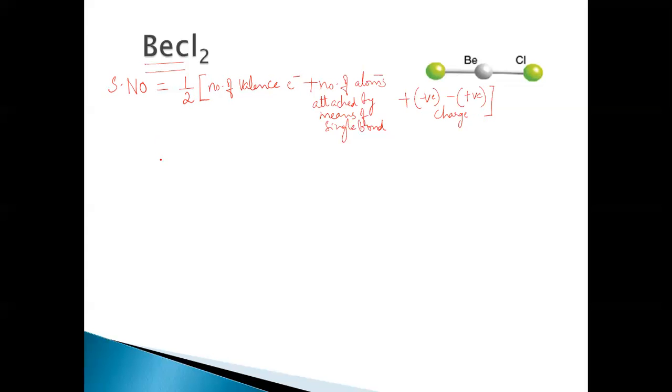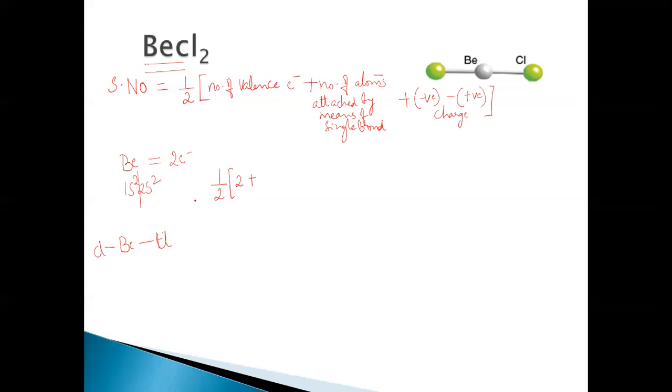Okay, so now for BeCl2, the Be configuration is 1s2 2s2, that is, the outermost configuration has 2 electrons, its valence electrons. So half into valence electrons is 2. When you look at this, BeCl2 is bonded to 2 atoms.